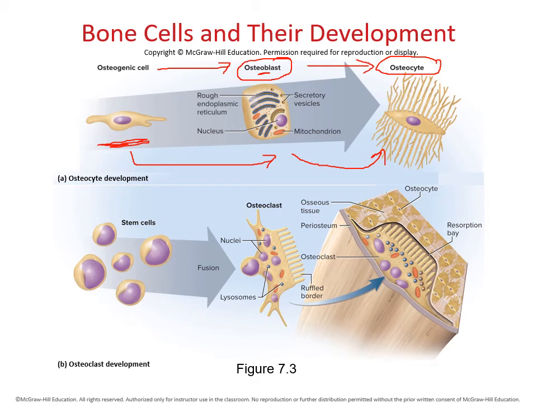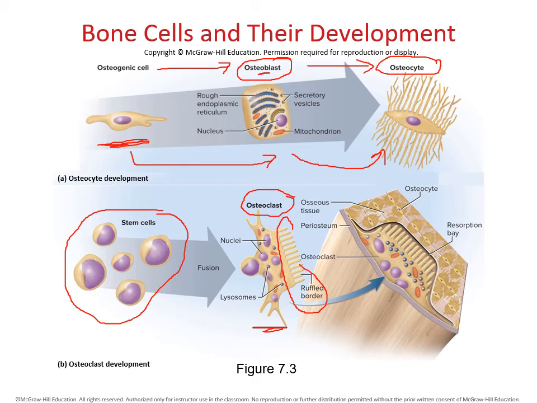And then for the fourth bone cell, or osteoclast, notice how they come from a different subgroup of stem cells. Notice how the osteoclast is very large in shape, and here's the little ruffled border that I was mentioning to you before.